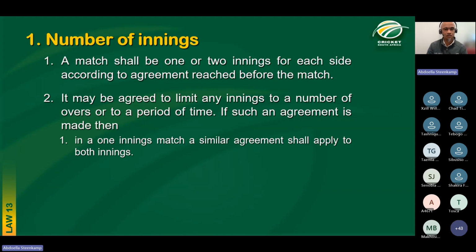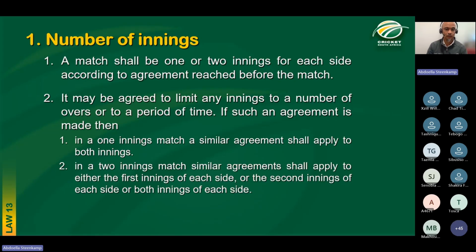If there are limitations, and in a 1 innings match, the agreement needs to be the same for both innings. So if you want to limit the innings to a number of overs, let's say 80 overs per innings, both sides need to bat for 80 overs.